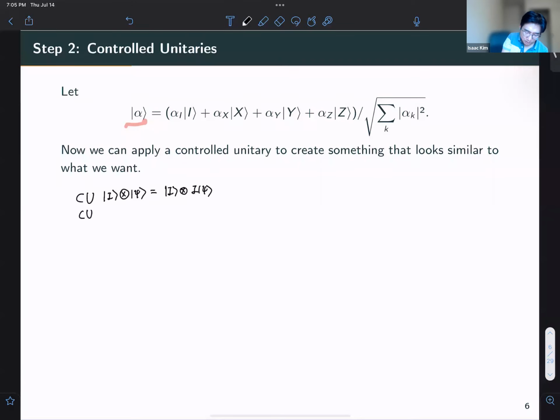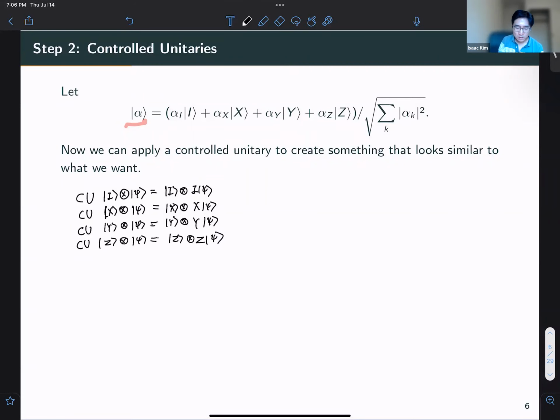If it's X, it applies the X operation. If it's the Y state, it applies Y, and you can guess what's going to happen if we start with the Z state. It applies Z.